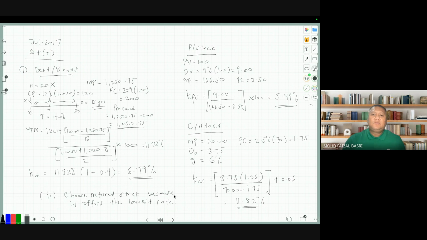Okay. So to get the additional 2 marks, you're gonna write the decision, and you're gonna justify why you choose your decision tu tadi lah. So dalam case ni, the best is preferred stock because it has the lowest rate. Okay, so the whole thing on the screen now worth 12 marks, 12 markah. Okay, and to put in perspective, you all familiar dengan konsep exam dekat UiTM ni kan.